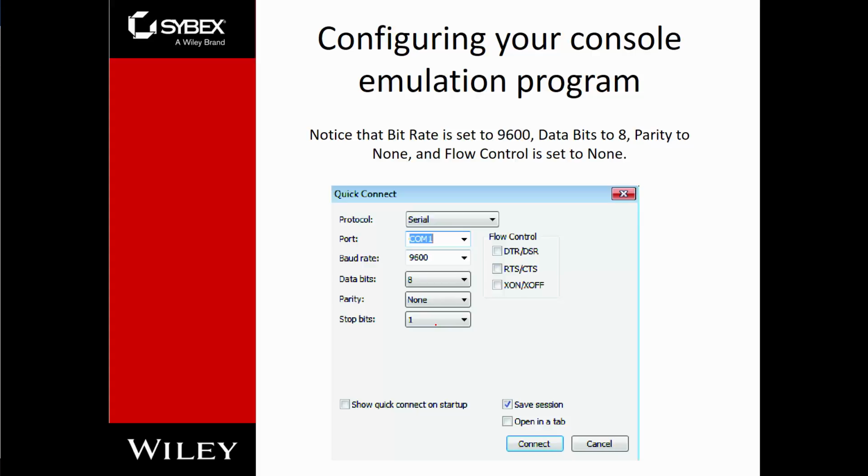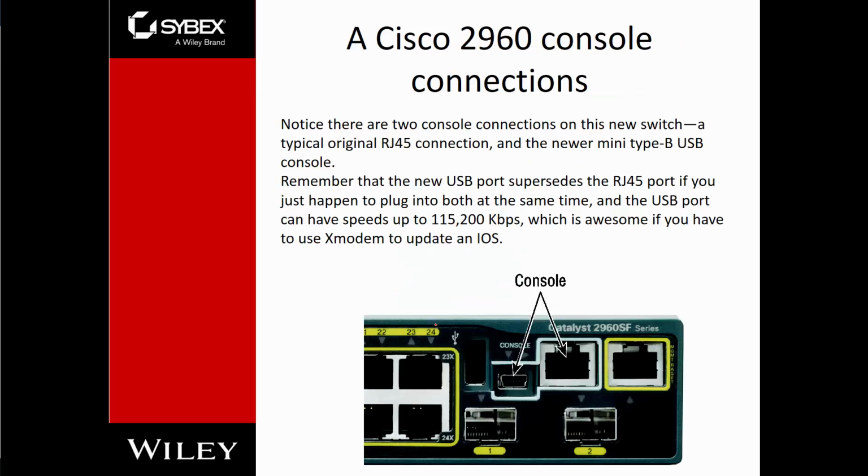So if we're using something like PuTTY or Tera Term or HyperTerminal, we'll be setting our serial connection settings for our specific port to those settings. And the other end, we're going to be connecting to our console. Normally you're going to see a light blue cable, because a console cable is a light blue cable.